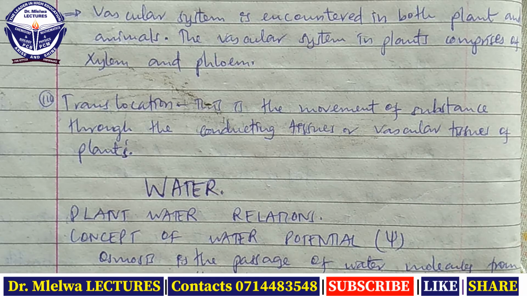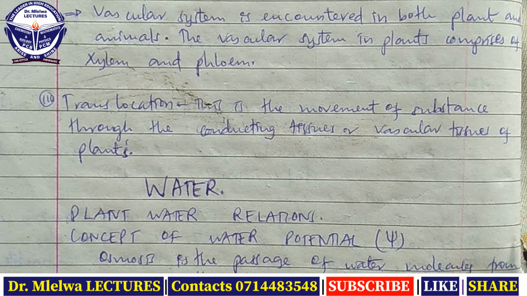One thing I can tell you is that normally when we are talking about translocation, we are referring to the movement of manufactured food. If you are told only translocation, with no more explanation, translocation always refers to the movement of food from leaves to other parts of the plant.